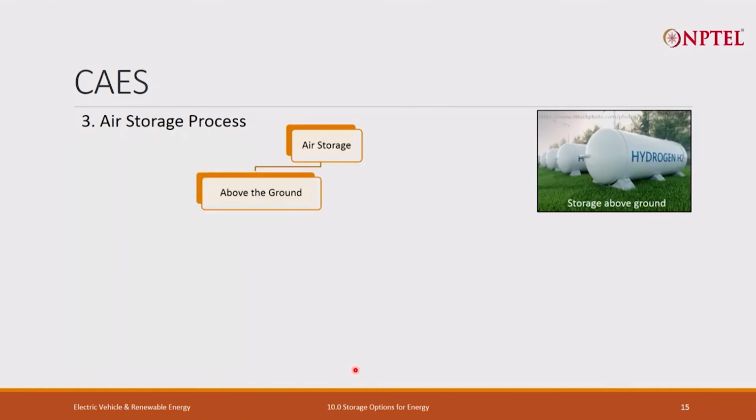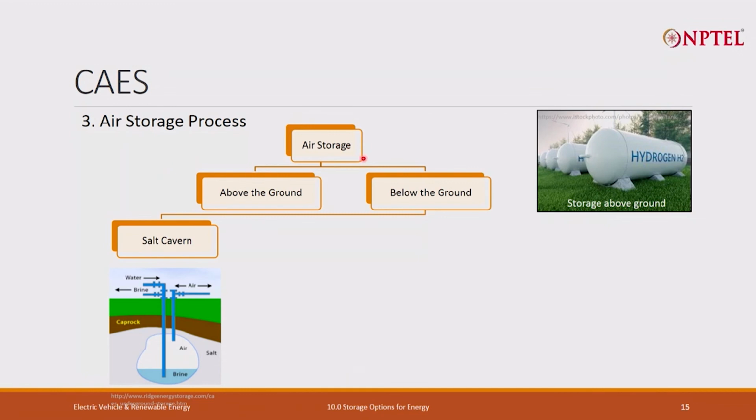How do we store the air? It could be above the ground, like hydrogen H2, what we call a tanker, or below the ground, where we have salt caverns. In lot of places, when we dig and take out mining things like coal or something, you have a big pit, and most of the time it is closed.